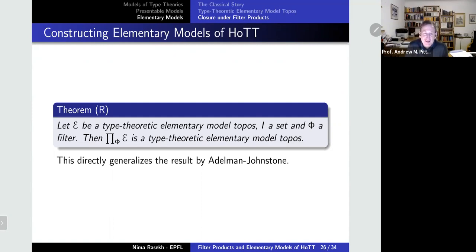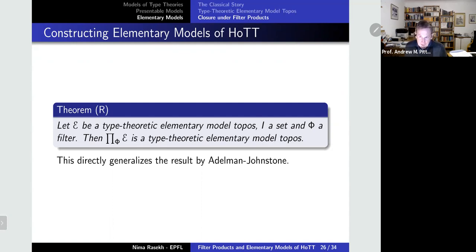Yeah. So I'm trying to remember my elementary topos theory, but I think I do remember it. The filter model construction, if you do it to a topos, is a special case of having a left exact comonad on the topos and taking the category of coalgebras, and that's an elementary topos, whether you start with a Grothendieck one or an elementary one.